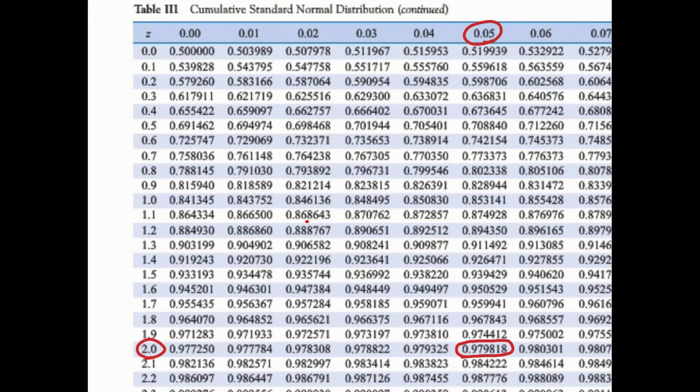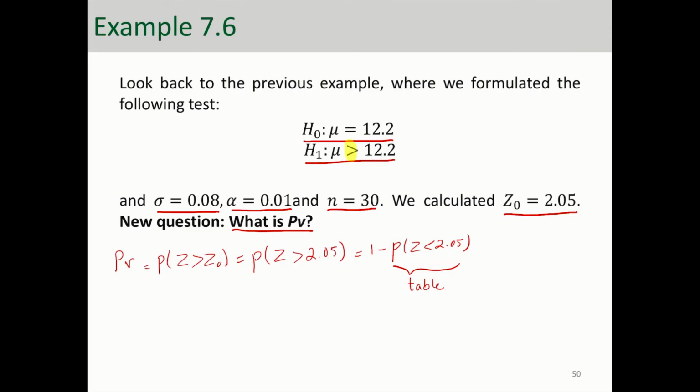So that is the probability of z less than 2.05. So that is equal to 1 minus roughly 0.979, which is approximately equal to 0.02, let's say. So that is our p-value. P-value of the test is 0.02.